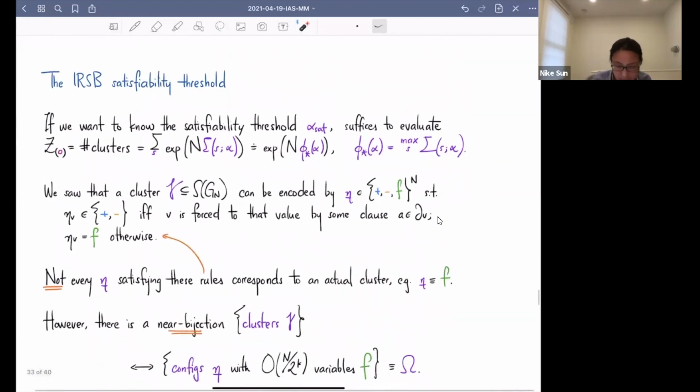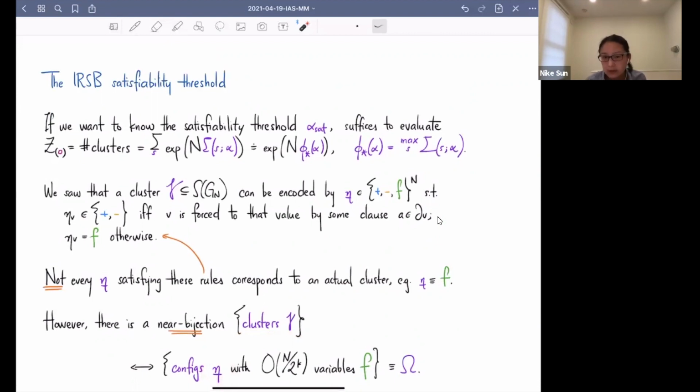However, it turns out that there is roughly a bijection between actual clusters, which is what we're interested in, and these plus minus free configurations which satisfy these rules, but also have the constraint that they don't have too many free variables. Because I argue that the fraction of free variables should be roughly 1/2 to the k.